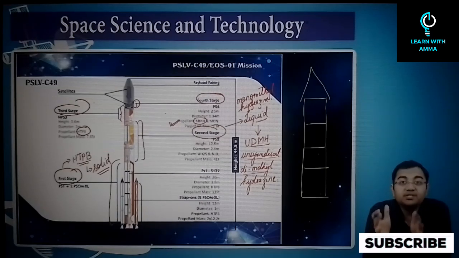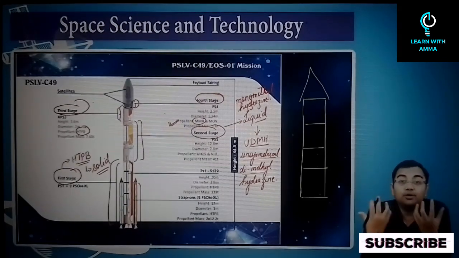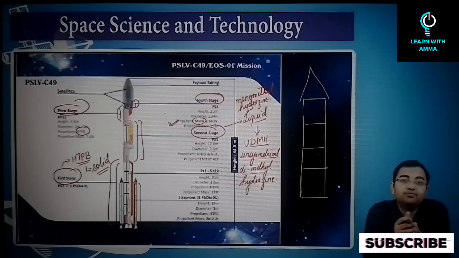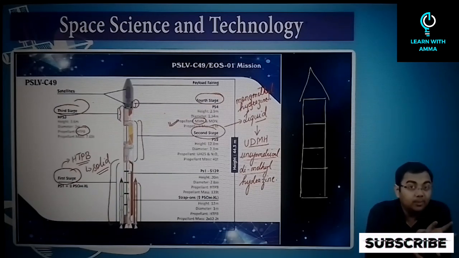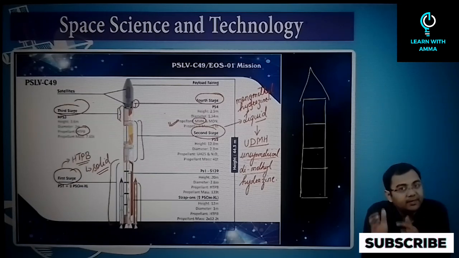And because the magnitude of this force is very high, it needs a lot of thrust to overcome it. To overcome that force, a large amount of thrust is required. And what we know is that solid fuels always give you a higher amount of thrust as compared to a liquid fuel. So that's why the first stage will never have a liquid fuel. The first stage will always have a solid fuel.